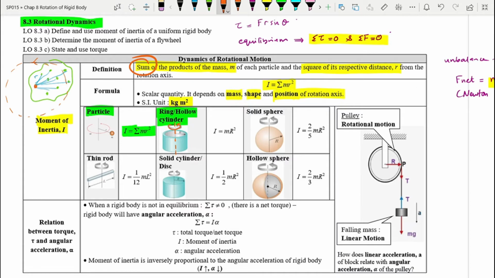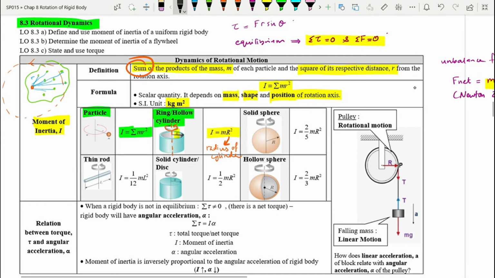Okay, so kita just gunakan formula yang lebih kurang sama. I equals mr square, tapi apa yang saya nak highlightkan tentang R dekat sini adalah radius of the cylinder. So, kat mana R? Di label kat sini. R tu adalah radius of cylinder. Okay, so beginilah. Ini adalah R dia. So, that's why dia gantikan dengan R besar menunjukkan radius.